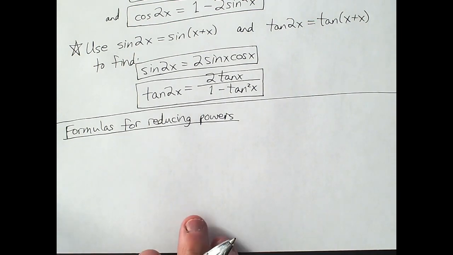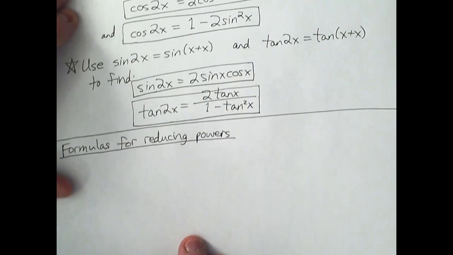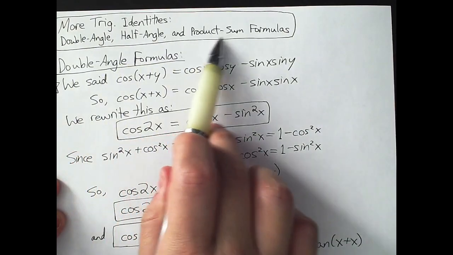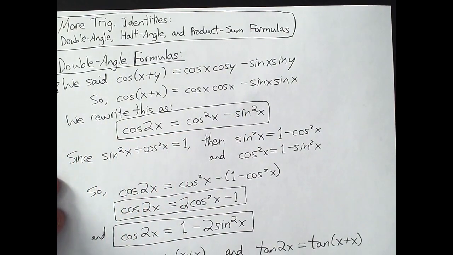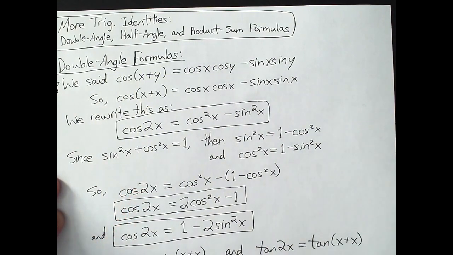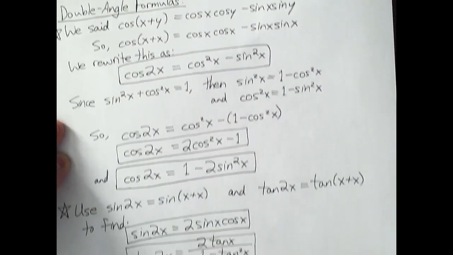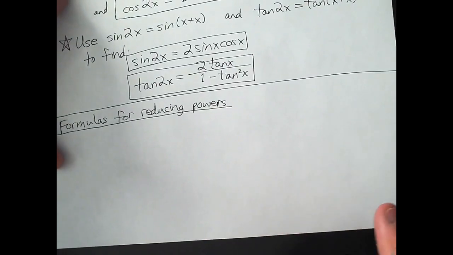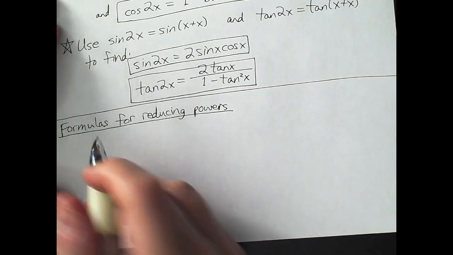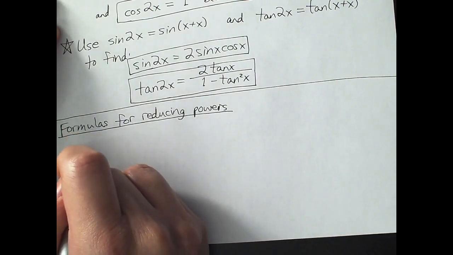But then, what's the title of this section? Double angle, half angle, product sum. Oh, so the formulas for reducing powers didn't even make it into the title. All right, well, we're going to talk about them anyway. They didn't make it into the title. Maybe they're considered less important. I don't know.